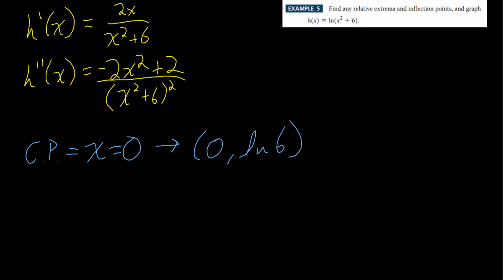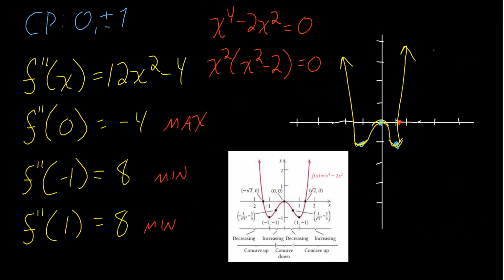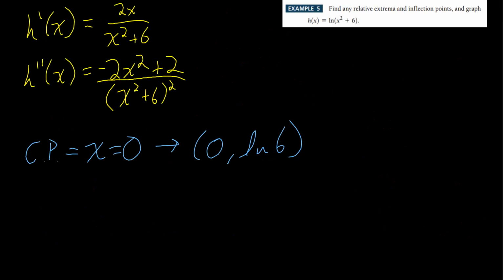So I need to figure out, is my critical point a relative maximum or relative minimum? What I have to do here is plug 0 into my second derivative, so we're going to do h double prime of 0.